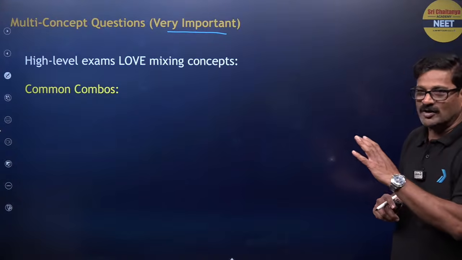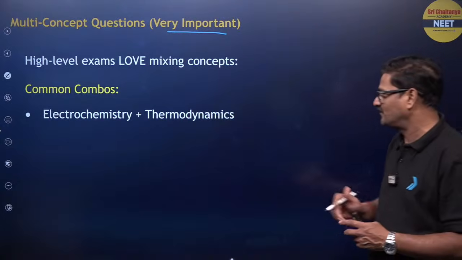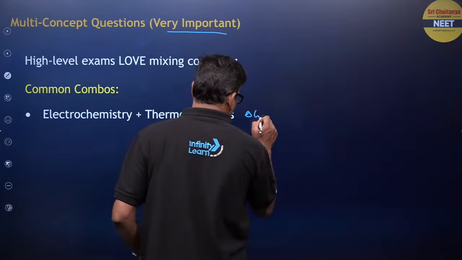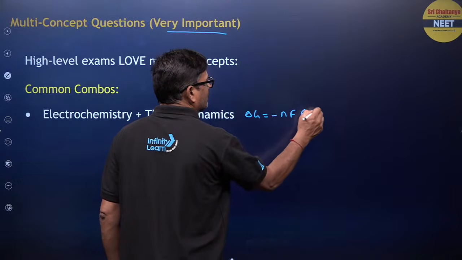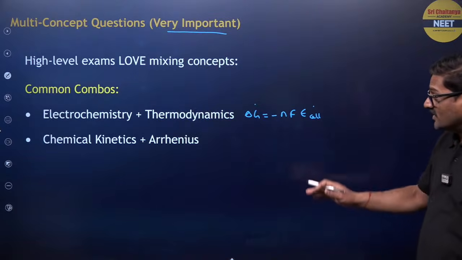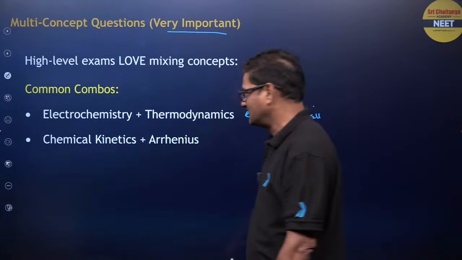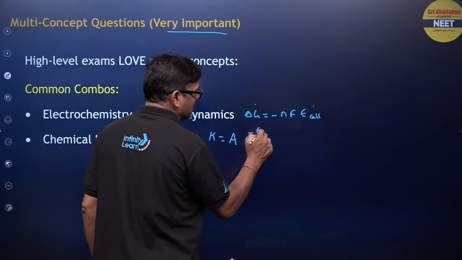And common combos I'll tell you. Electrochemistry and thermodynamics, I already mentioned: delta G is equal to minus nFE cell. And also chemical kinetics and the Arrhenius equation: K is equal to A exponent of minus Ea by RT.